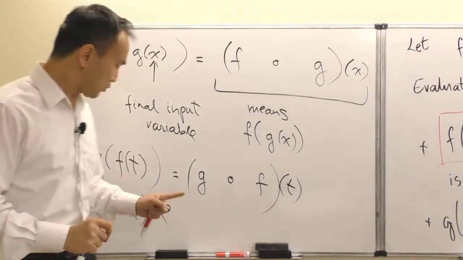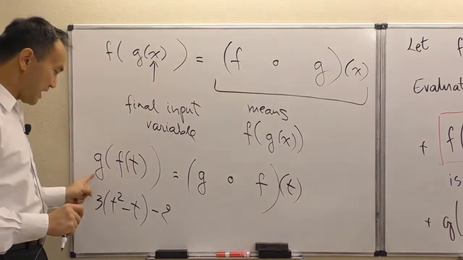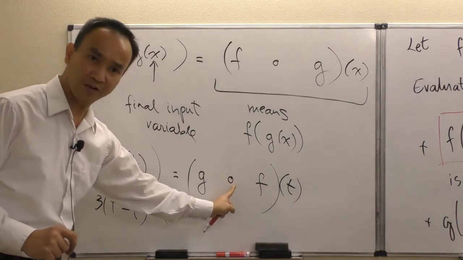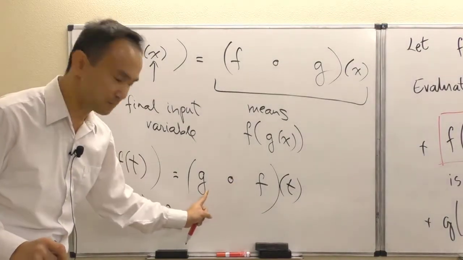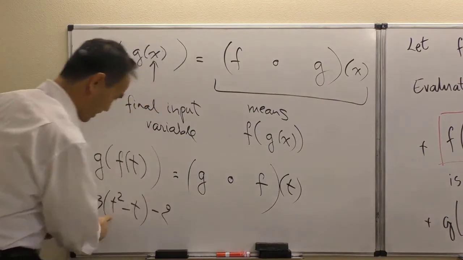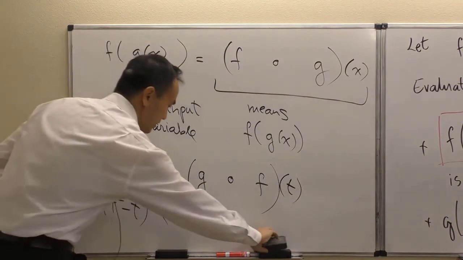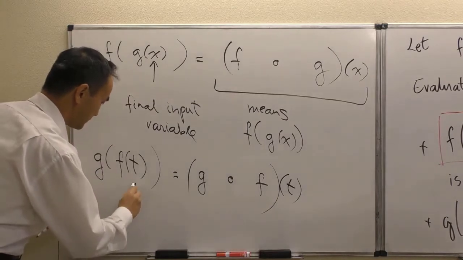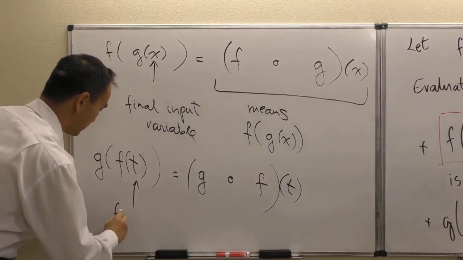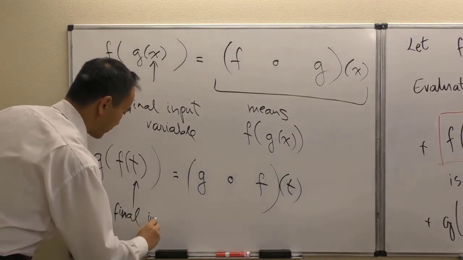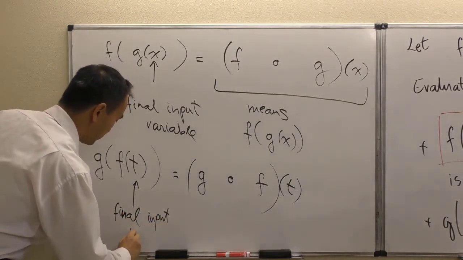And so formally we read G of F here. I erase that F right there, and now it becomes G circle F. The final input here, I just now convinced everybody, is t. The t here is the final input variable.